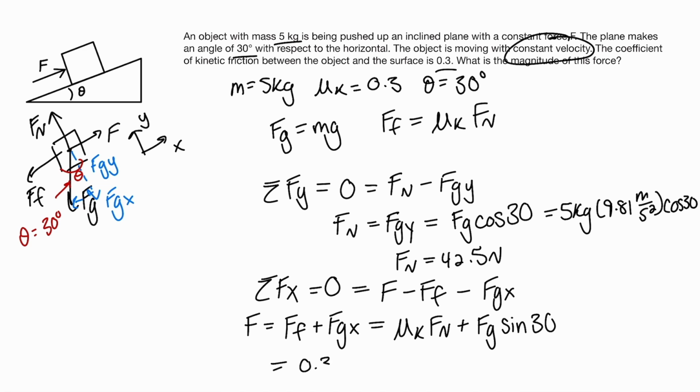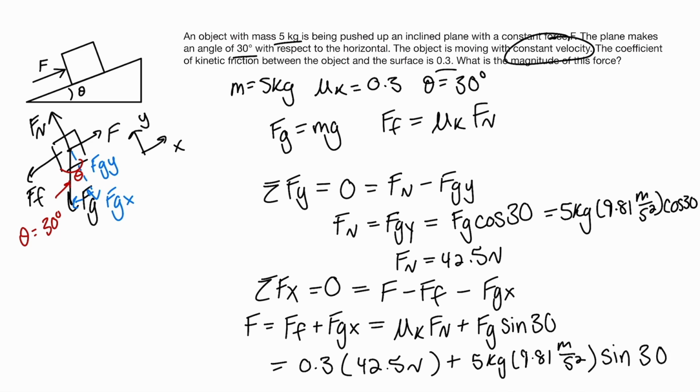Subbing this in, we get 0.3 times 42.5 newtons plus 5 kilograms times 9.81 meters per second squared times sine 30. When we solve this, we end up with the answer: the applied force is equal to 37.3 newtons.